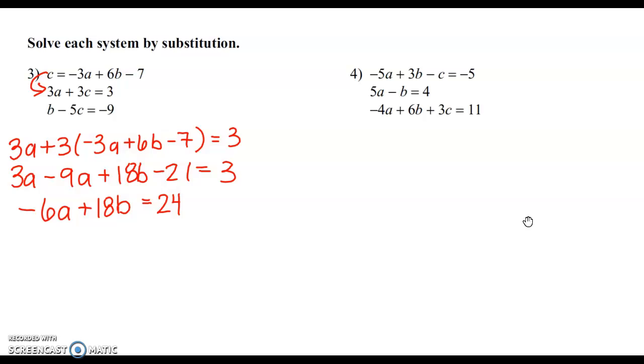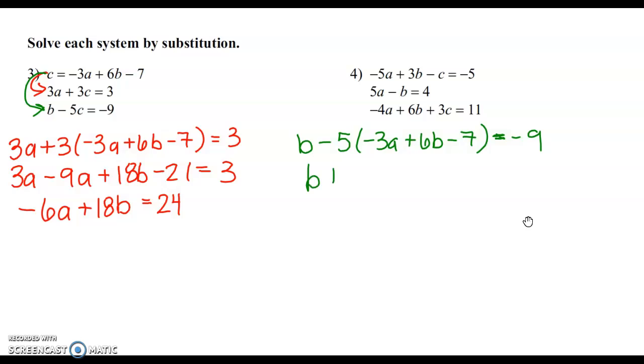Now I've got to plug that same c into the bottom one. So I have b minus 5 times c, which is negative 3a plus 6b minus 7, still equal to negative 9.